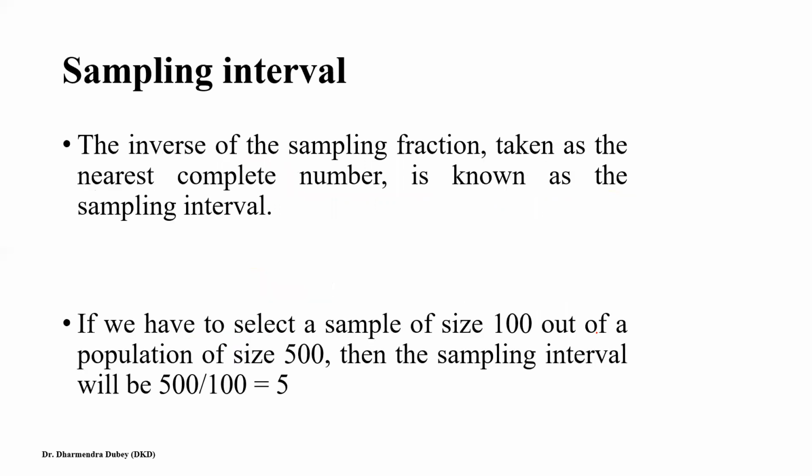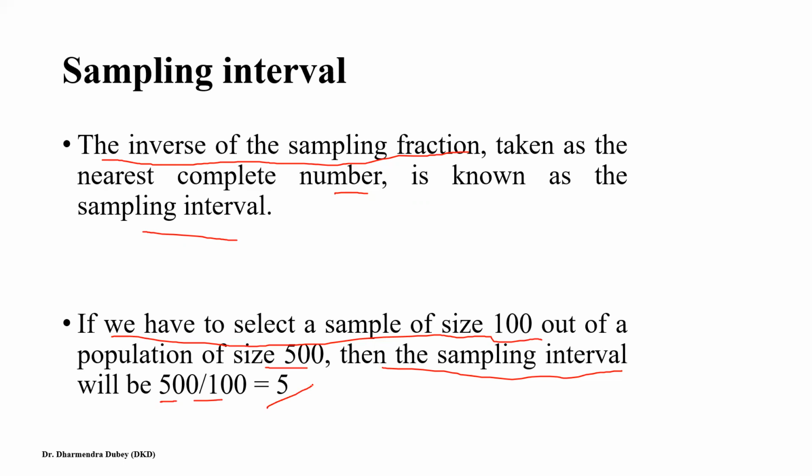Now one last point, the sampling interval. We can define it as the inverse of the sampling fraction taken as the nearest complete number. For example, if we have to select a sample of size 100 out of a population size of 500, then the sampling interval will be 500 divided by 100, which is 5.